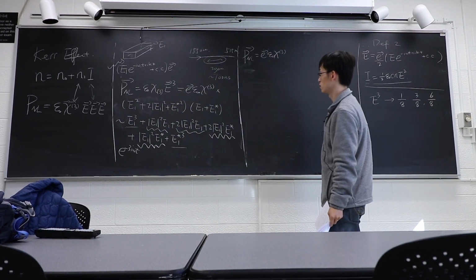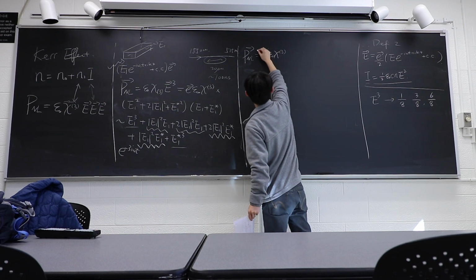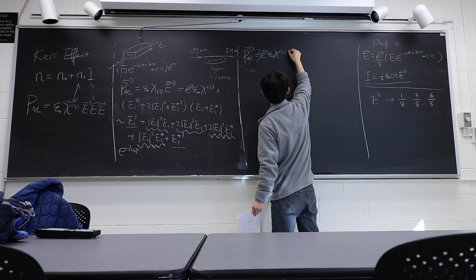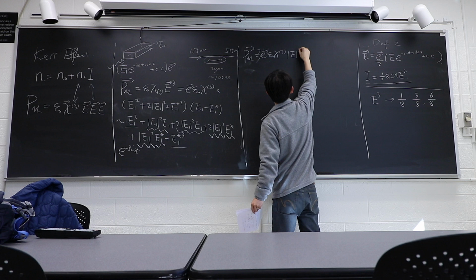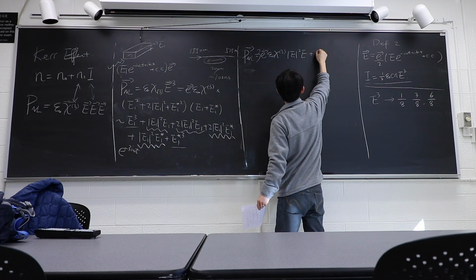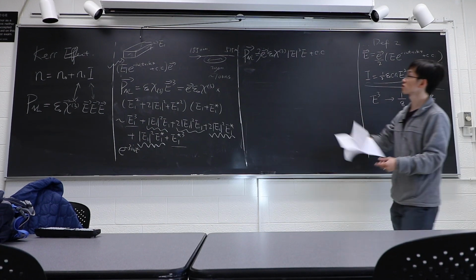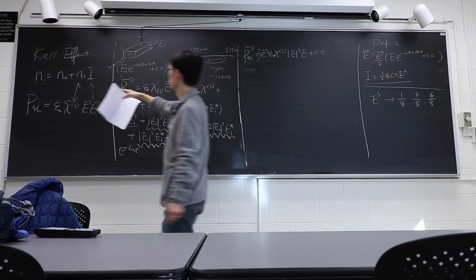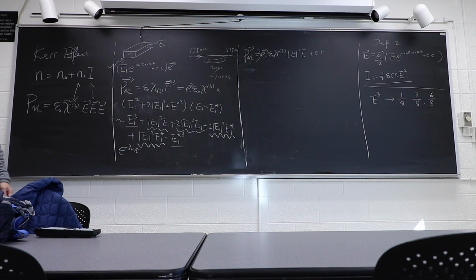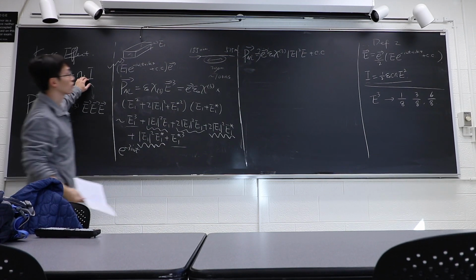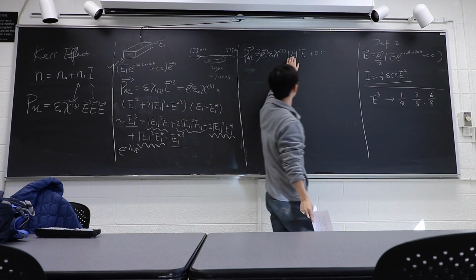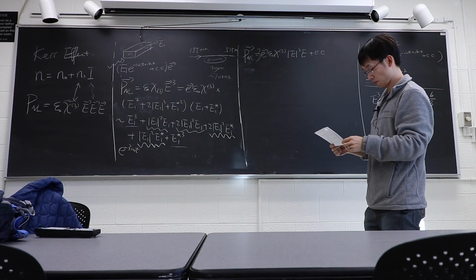Chi3, and then have a factor of 3 here. Okay. Now, this one looks pretty much like here. It requires E squared, right?